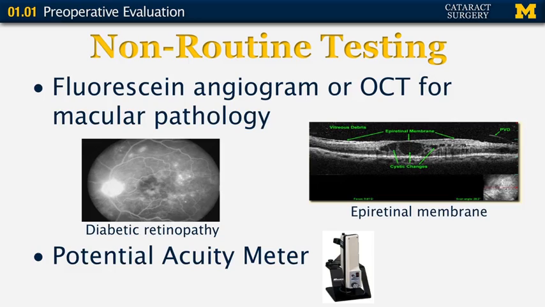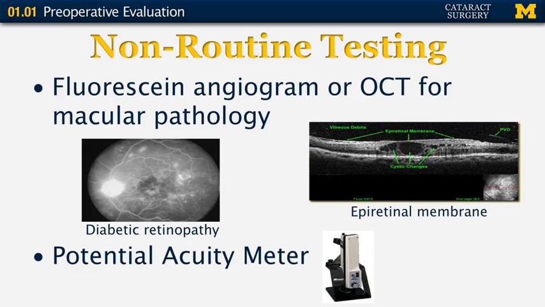This could be used in macular degeneration, looking for choroidal neovascularization, diabetic retinopathy, checking preoperatively for macular edema, or something like an epiretinal membrane. We'd want to know prior to the cataract surgery whether there is any edema present.